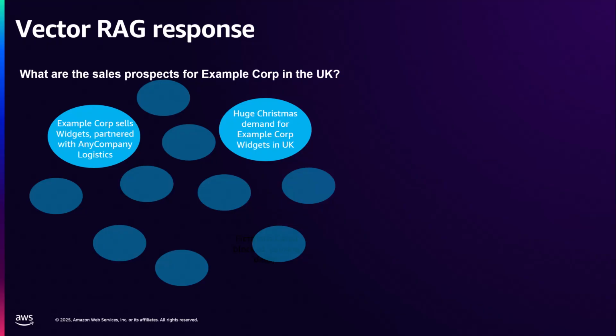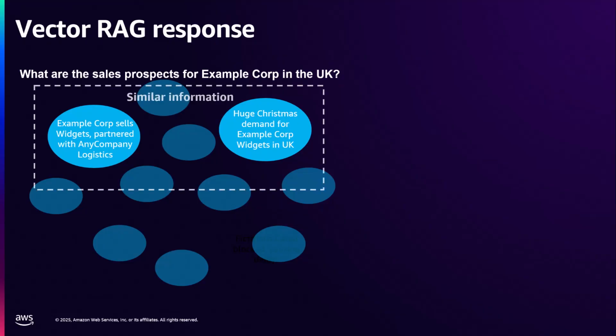They've partnered with Any Company Logistics to deliver those widgets to the UK at Christmas. Here we can see that information along with sales trend data, and we can see that there will be huge demand for these widgets over Christmas in the UK. As a business, I want to understand what my sales prospects are for Example Corp in the UK.